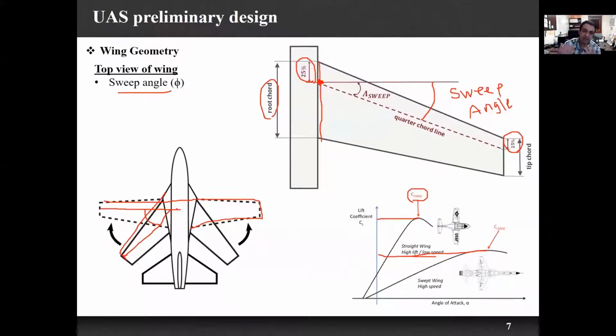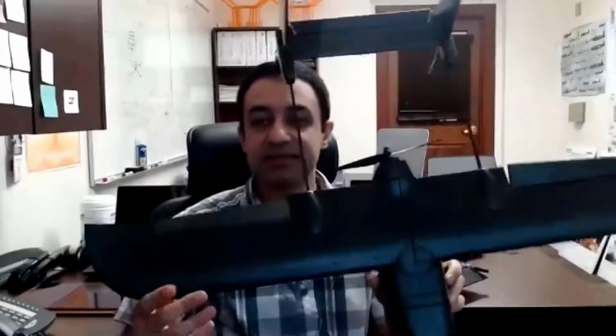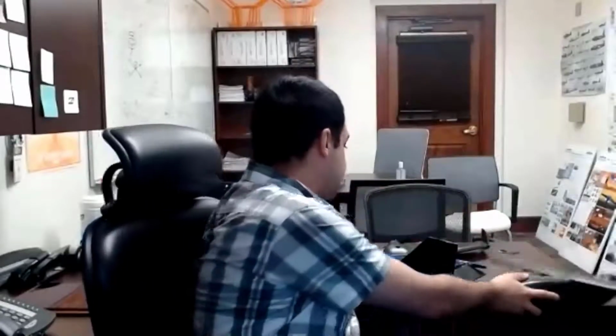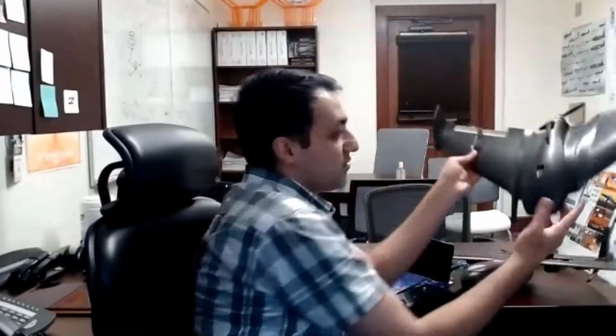So this is just to show you the main difference between the wing with the sweep angle and without sweep angle. Going back to these two samples that we have here, this airplane doesn't have any sweep angle, so it has a higher lift coefficient and flies slower than this airplane, which, as we can see here, is sweep back. So there is an angle here.